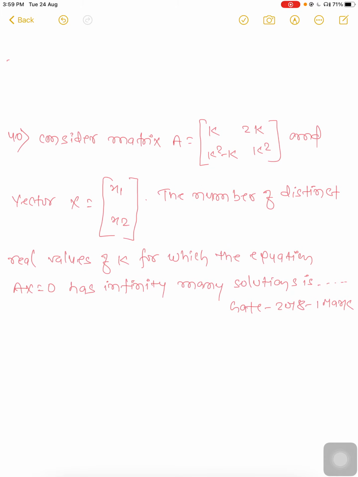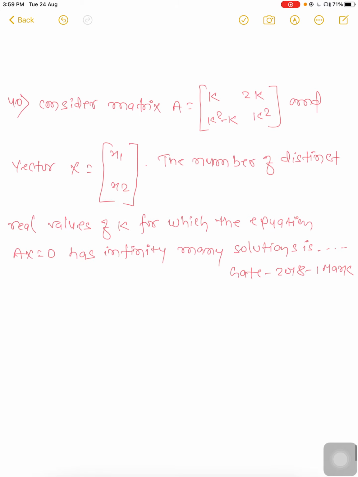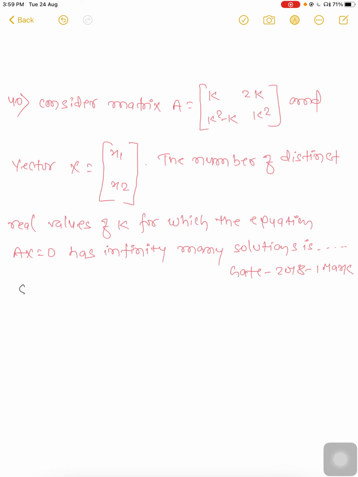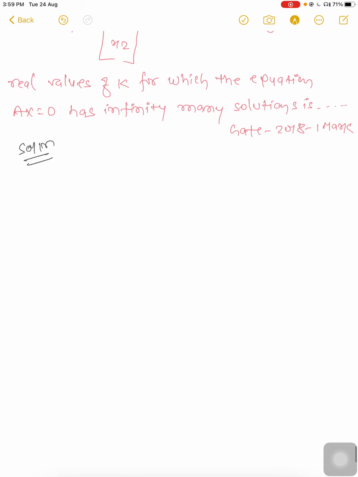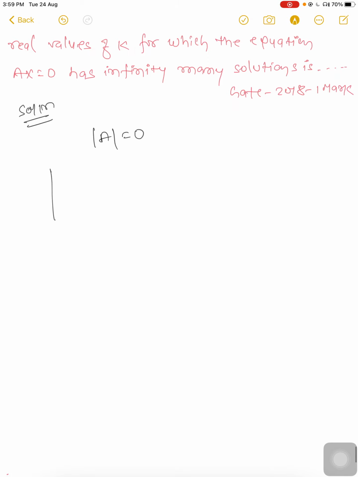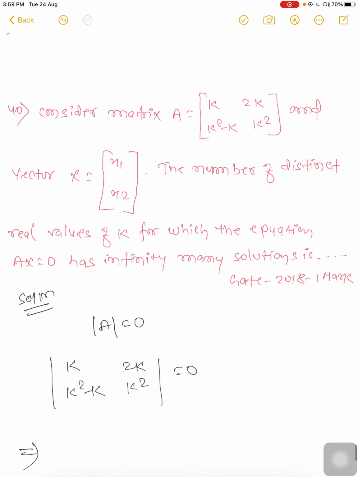Now next question. Consider the matrix with rows k, 2k and k square, minus k square, and the vector x1, x2. The number of distinct real values of k for which the equation Ax equals 0 has infinitely many solutions. So we have to find when x has infinitely many solutions. So the determinant of A will be 0. Okay. Take k square, 2k and k square equal to 0.